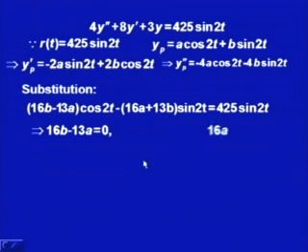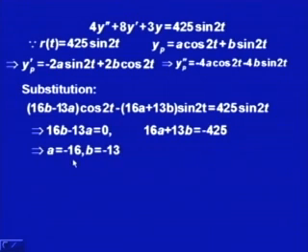So, we get the second equation as 16a plus 13b is equal to minus 425. Now, we are getting two equations in two unknowns. These are simple algebraic equations. We can get the unique solution, and that solution is a as minus 16 and b as minus 13.